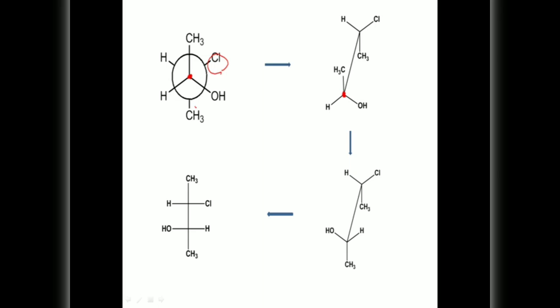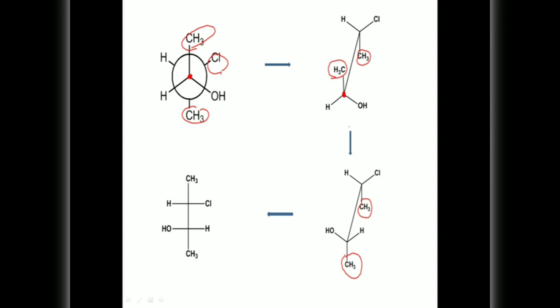This CH3 is directed in the downward direction, and this other CH3 is in the upward direction. But whenever we convert a Sawhorse projection formula to a 2D Fischer projection formula, the groups must be in the downward direction. That means this CH3 is downward and this CH3 must also be downward.